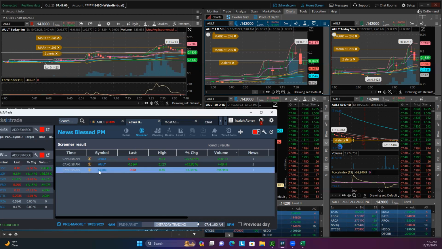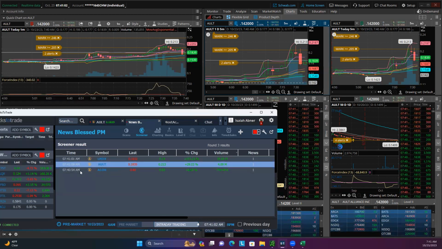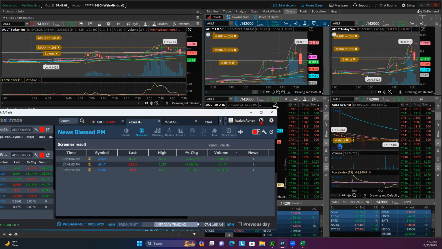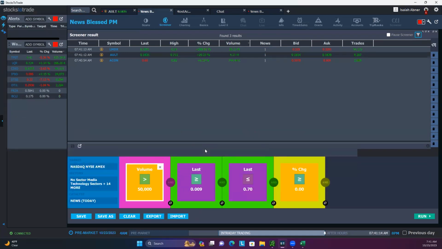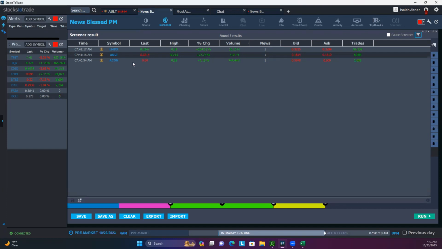At 7 a.m., or like 7:01 a.m., something will usually populate if it has news and it fits all the criteria that I showed. I'll just show it again real quick. It must fit every single box in order to make it here.